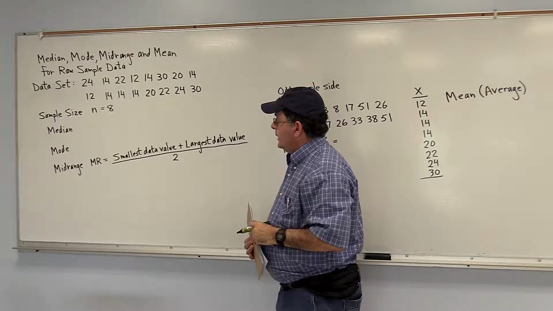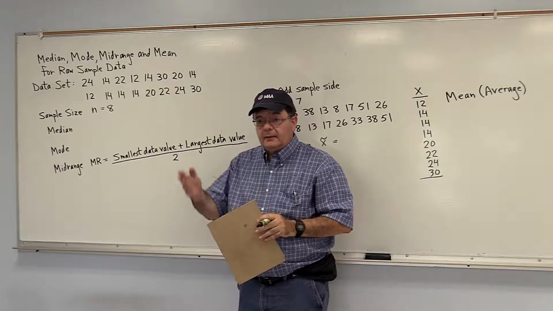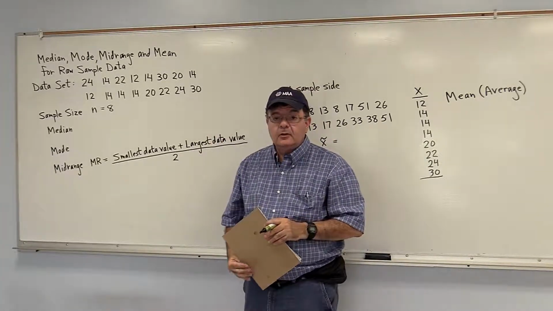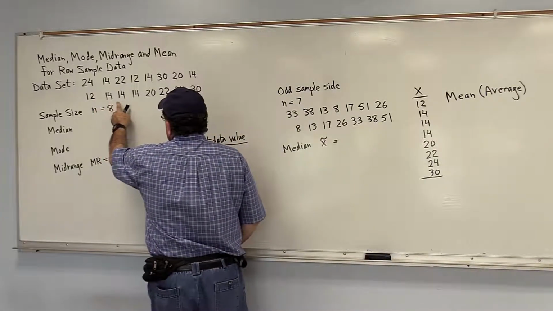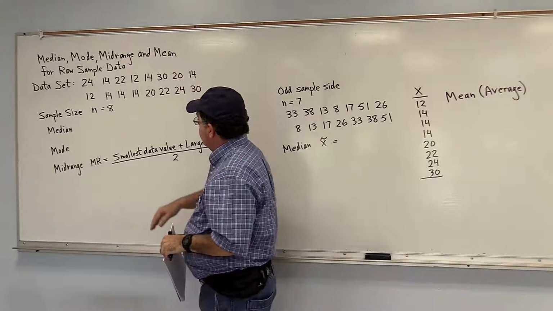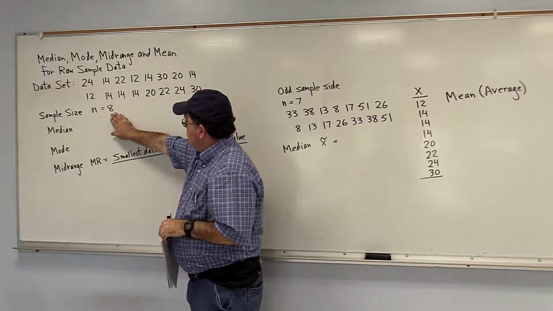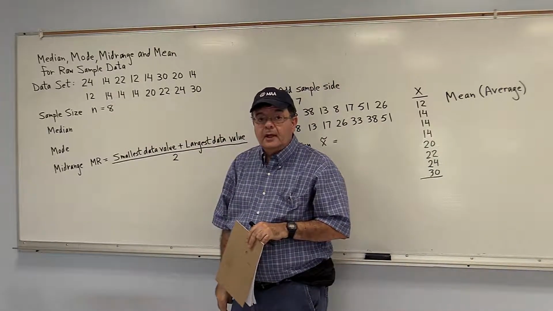All right. The median. Think about the median of a highway. The median of a highway cuts the highway in half, cuts it into 2 equal parts. Well, if we have a set of data like this, the median should cut the data into 2 equal parts. And since the sample size is 8, if we cut it into 2 equal parts, then each part should have 4 items in it.